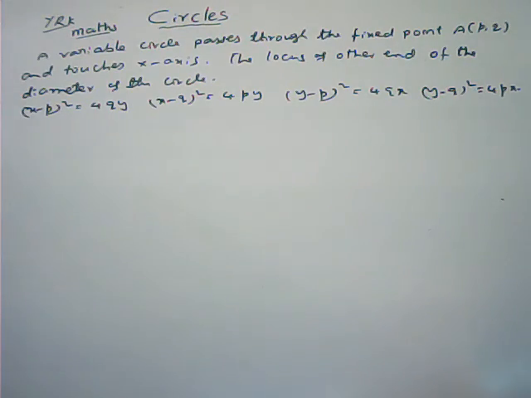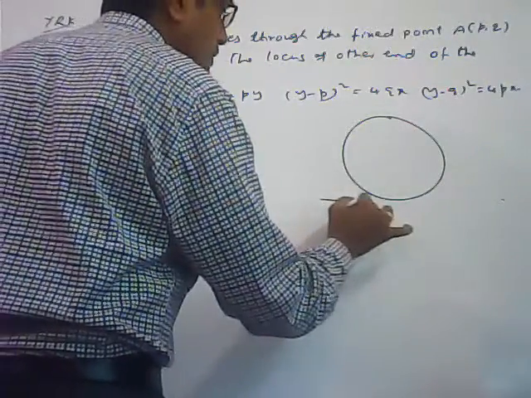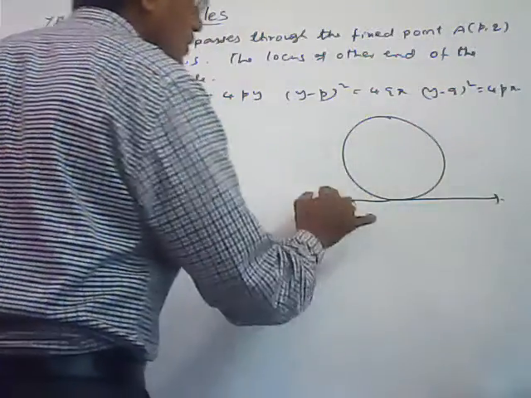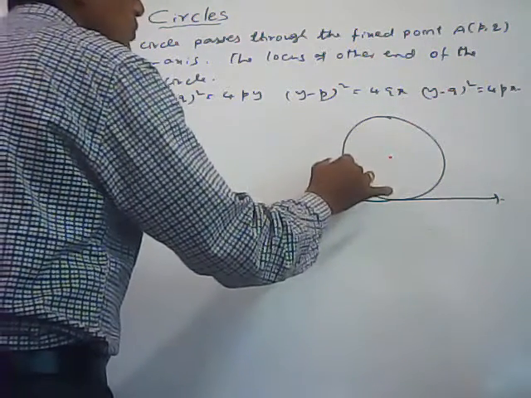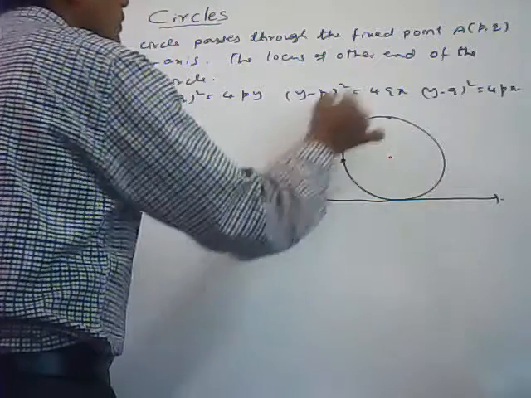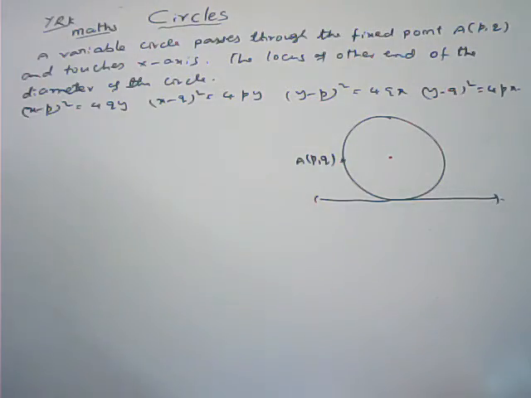Next, a variable circle passes through the fixed point A(p, q) and touches the x-axis. This is one of the circles; this one touches the x-axis, and it passes through the point A(p, q).